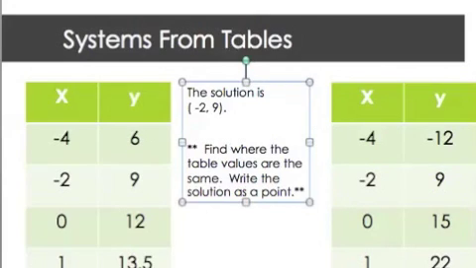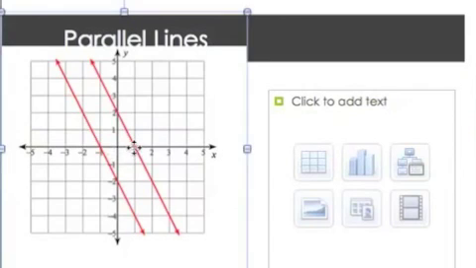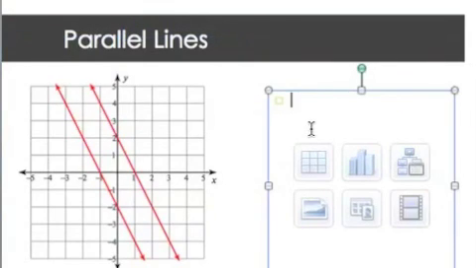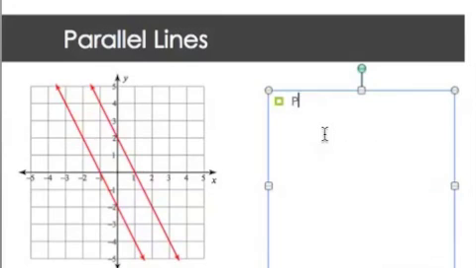Okay? One thing we need to talk about also is parallel lines. So write parallel and kind of sketch this graph. Pause if you need to. And what I really need you to write down is parallel lines never cross. We know this. If the parallel lines have the same slope, they're going in the same direction forever, they're never, ever going to cross.